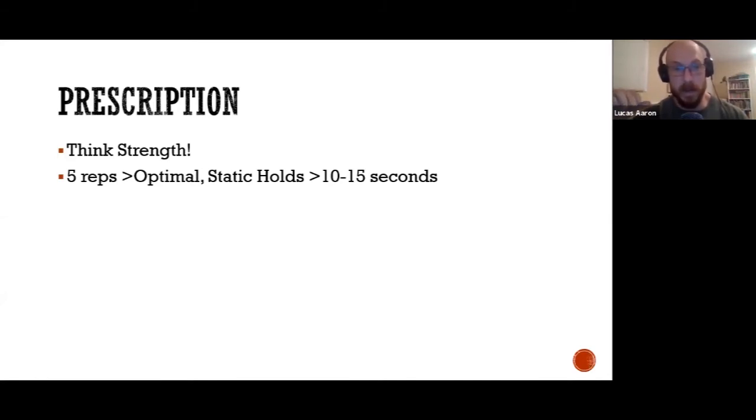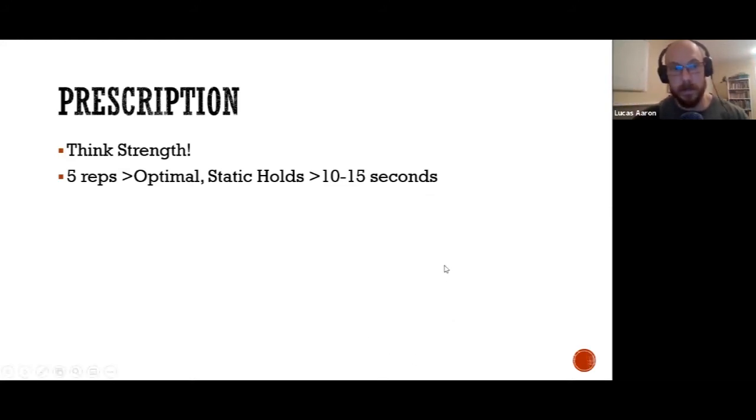If we want to be creative and go a bit harder on the exercise, we did talk about this last week, about being creative in our programming just for adding some spice to flexibility. We could add challenges to an end range agonist activation drill and push it to a higher rep range and a higher static hold range. But for specific prescription, this zone will do the job for us.